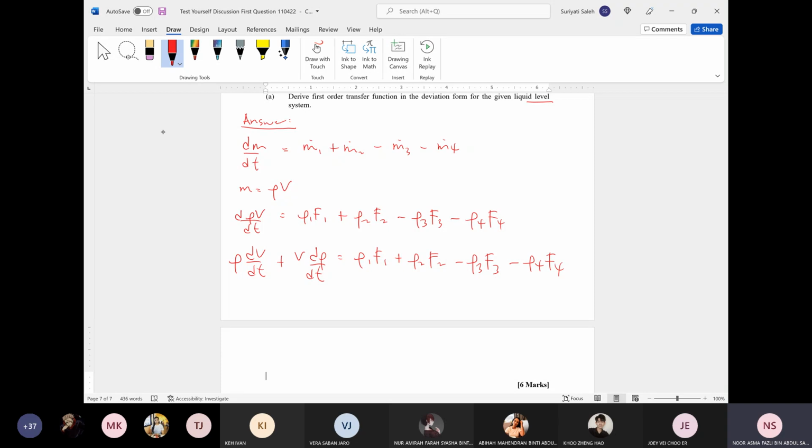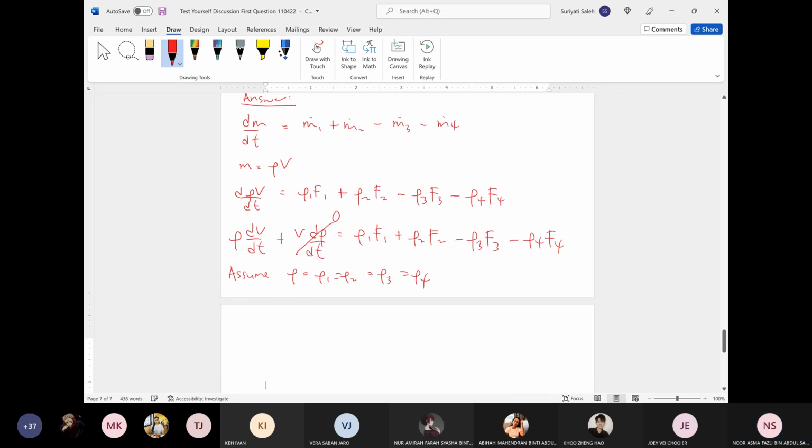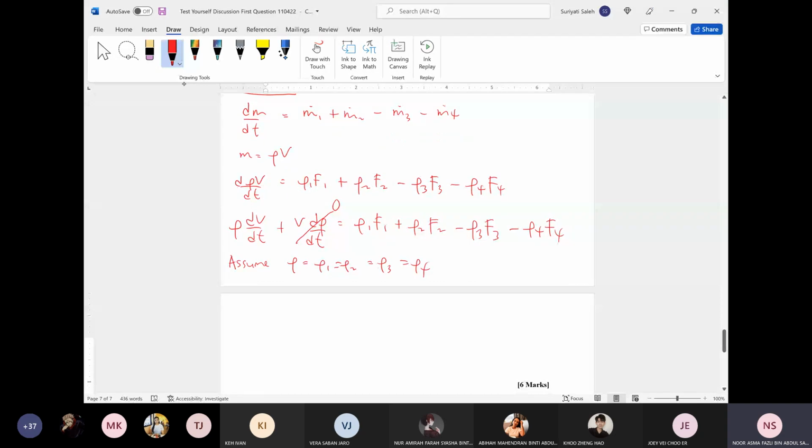We can assume the density is equal for rho 1, rho 2, rho 3 and rho 4. Based on this, d rho over dt becomes 0, and we can further simplify our equation based on the constant density assumption. That leaves you dV/dt equal to F1 plus F2 minus F3 minus F4.